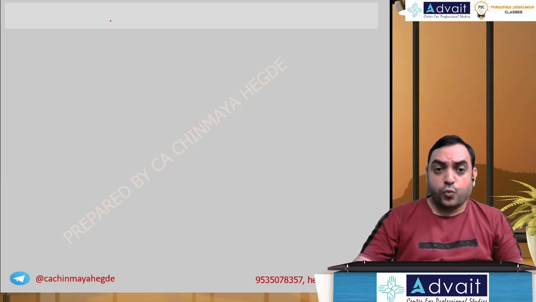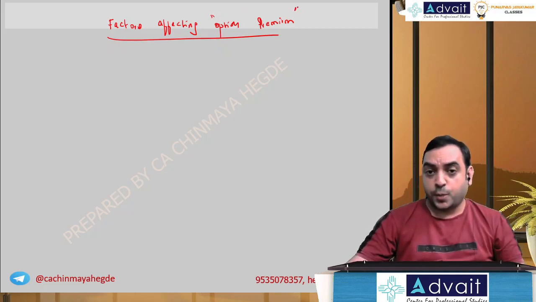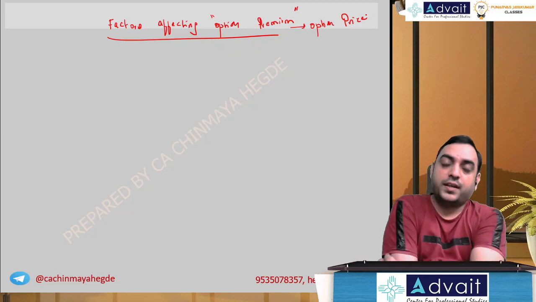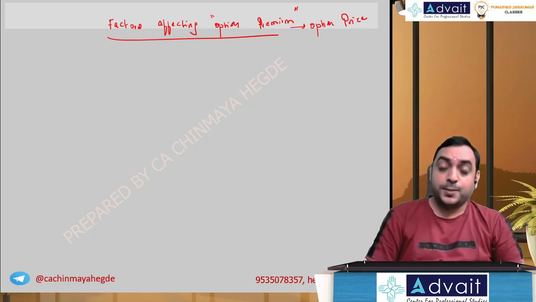That is, what factors affect option premium? So my point is, how do you calculate option premium? It's also called option price. What factors do you think will affect the option premium?